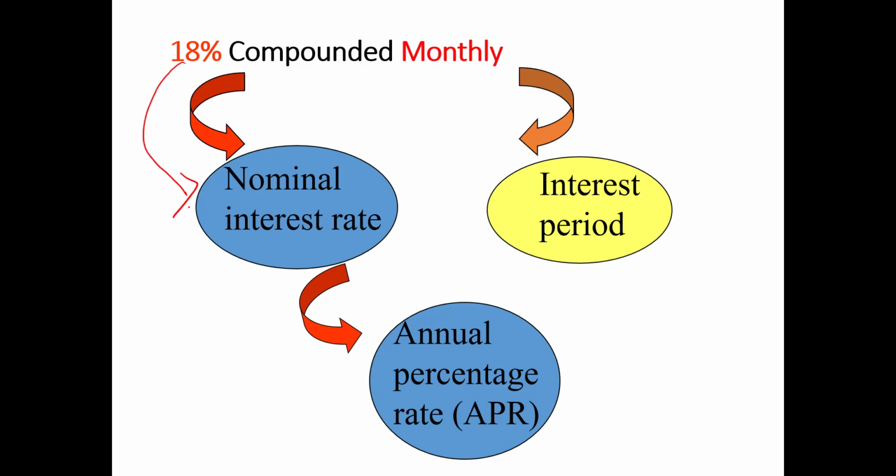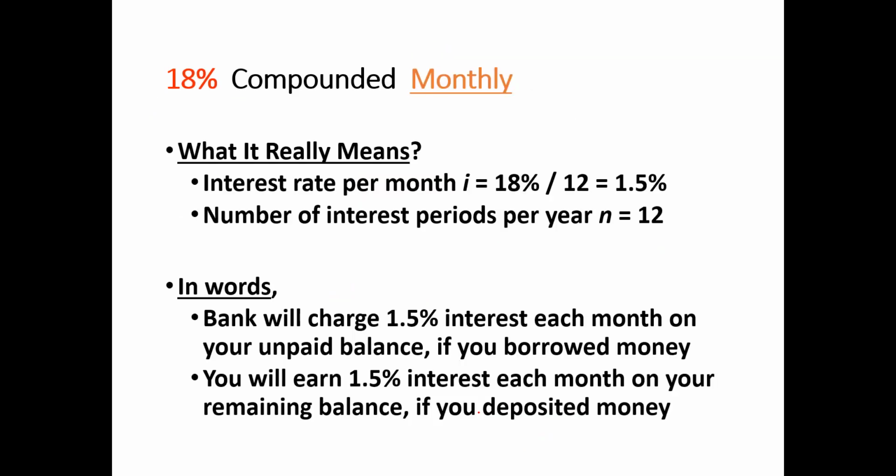Since it's compounding monthly, based on this we can get an actual annual percentage rate, or APR, according to the nominal interest rate. Because we have a different compounding period, the 18% is compounding yearly. So here we try to figure out the annual percentage rate based on monthly compounding. What this really means is the interest rate per month is 18% divided by 12, which is 1.5%.